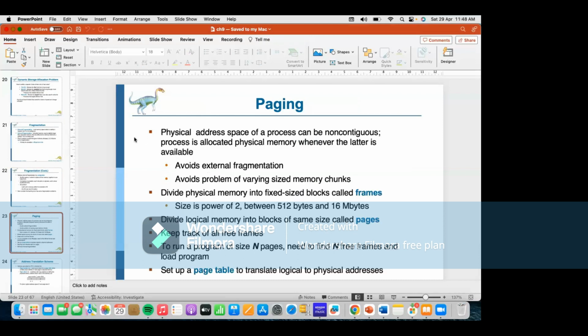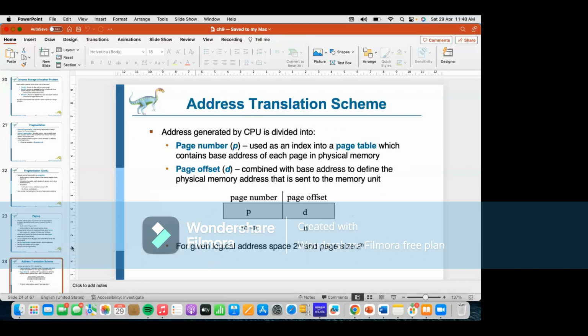Contiguous memory allocation expects the program to be available in contiguous memory, and we suffer from memory waste. To overcome this, we use paging. In paging, the physical address space of a process can be non-contiguous. It is divided into fixed size blocks of the same size called pages, but the program can be available at different locations.